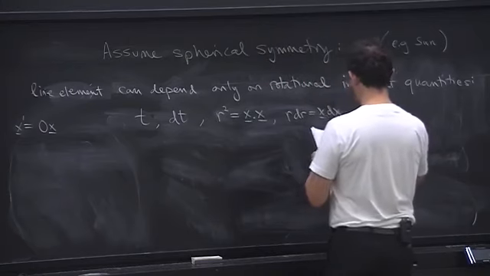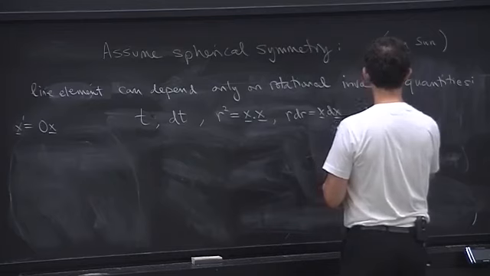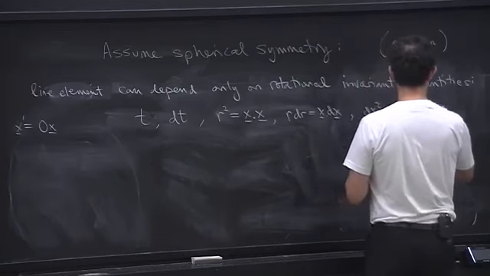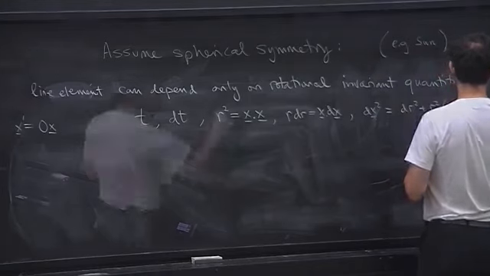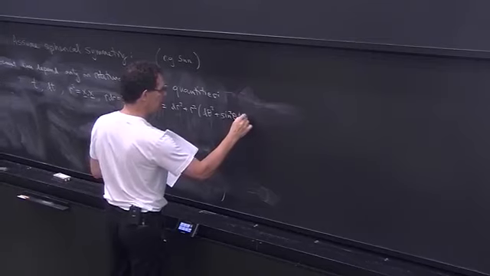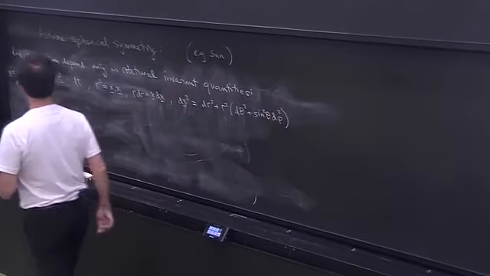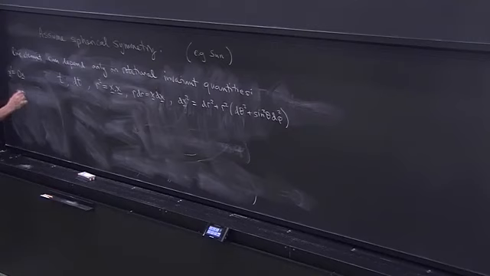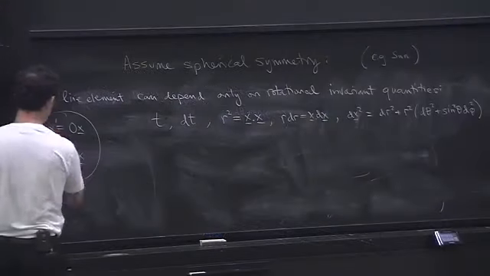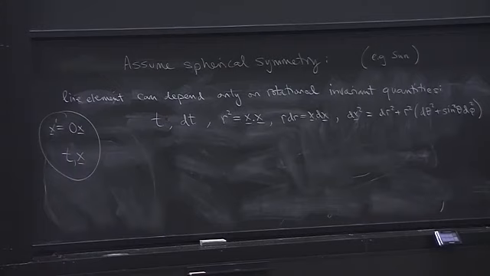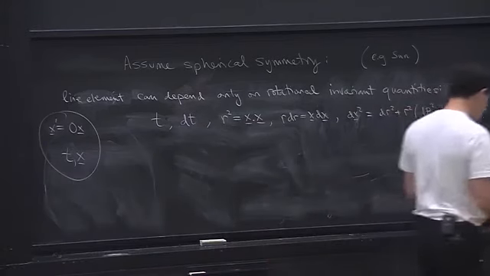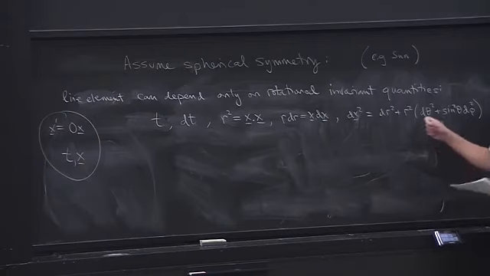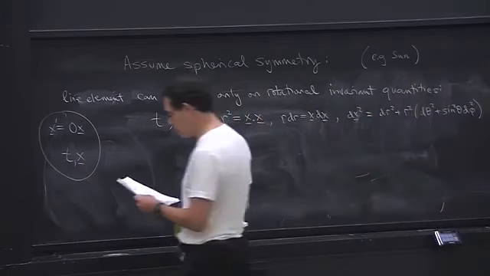And of course, we can write down dx squared, which is dr squared plus r squared, d theta squared plus sine squared theta d phi squared. Okay, so given a set of coordinates t and x, and given a rotational symmetry, x prime goes to Ox, these are the only things I can write down which are invariant under O. That's a complete set of things. There's nothing else you can write down. So the metric can only depend on these quantities.